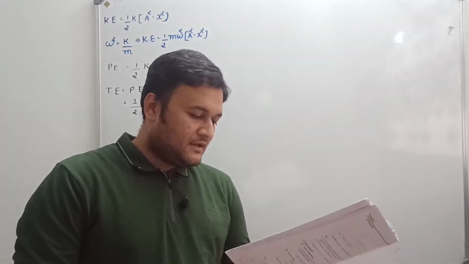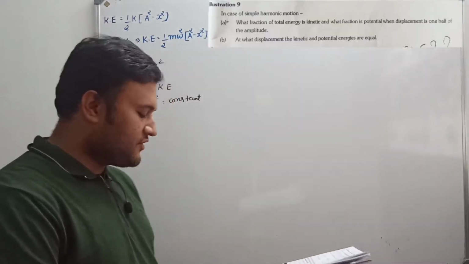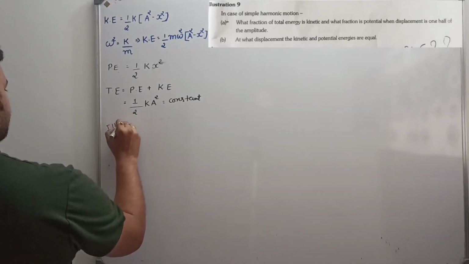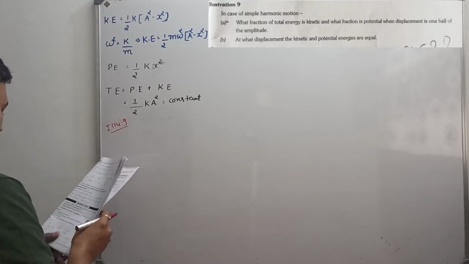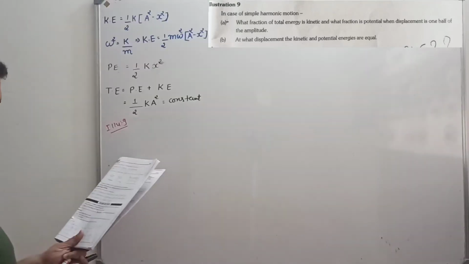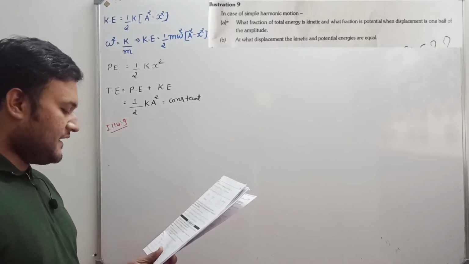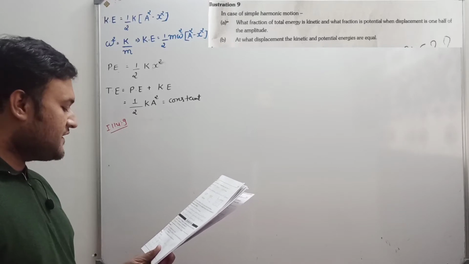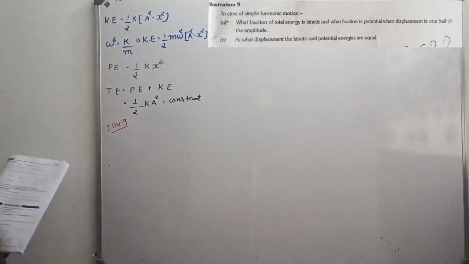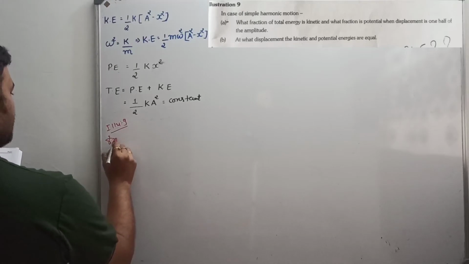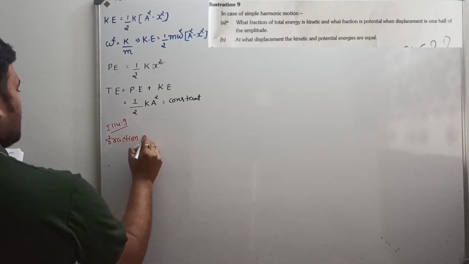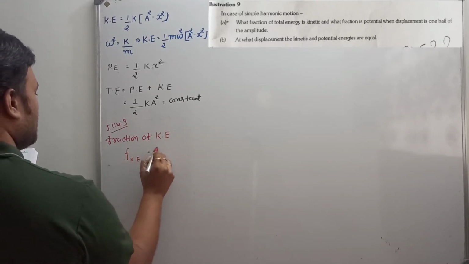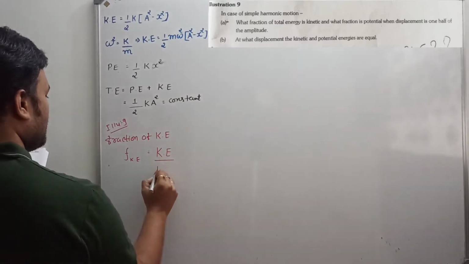Okay, now we study illustration number 9. In case of a simple harmonic motion, what fraction of total energy is kinetic and what fraction is potential energy when the displacement is 1/2 of its amplitude? Now, fraction of kinetic energy, FKE is equal to KE upon TE.